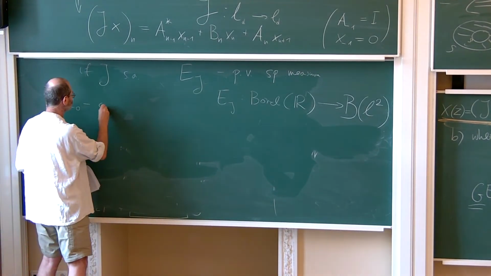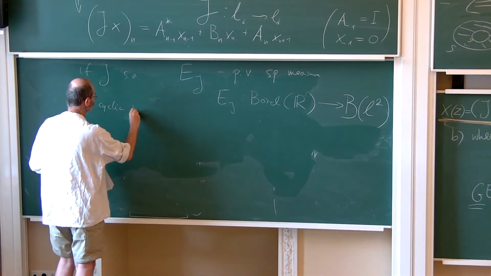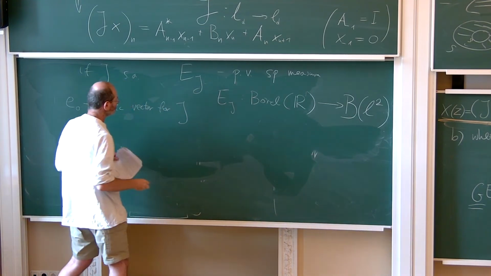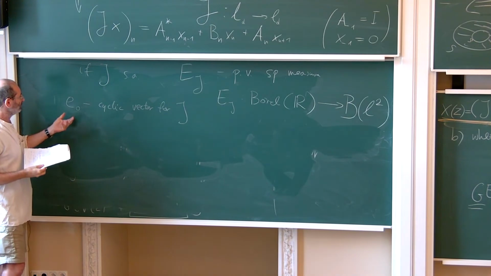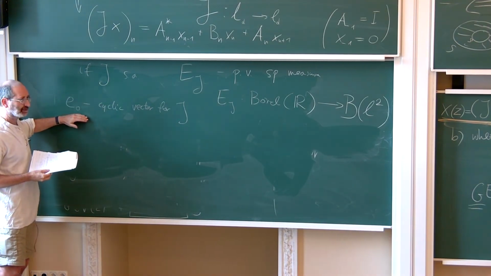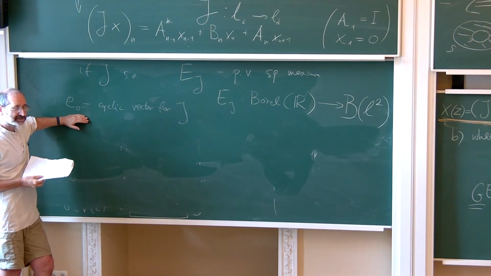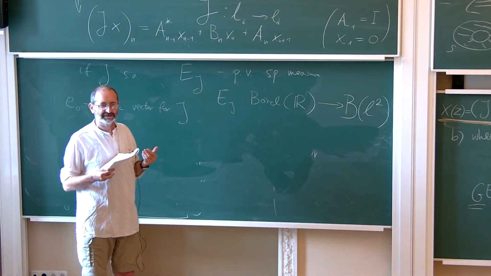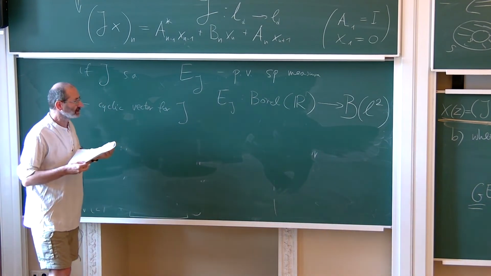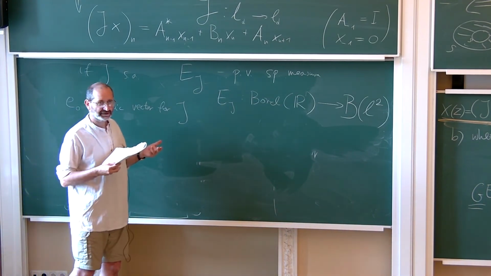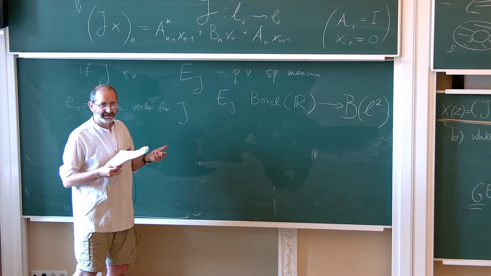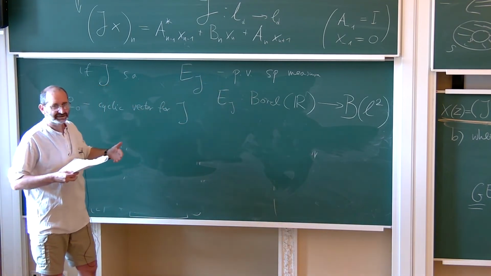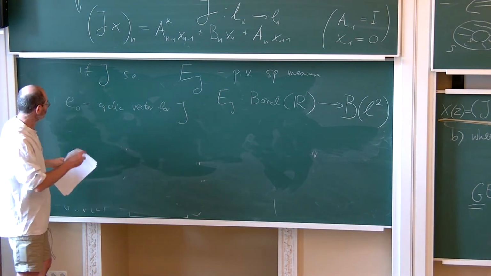A0 is a cyclic vector for J. So this is a convenient situation when we have a self-adjoint cyclic operator, and then we can say that the spectral information is contained in something which is also called a spectral measure, but this is not the projection valued spectral measure, this is the scalar spectral measure.